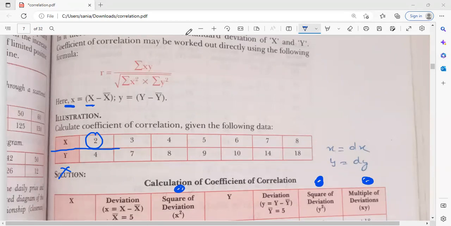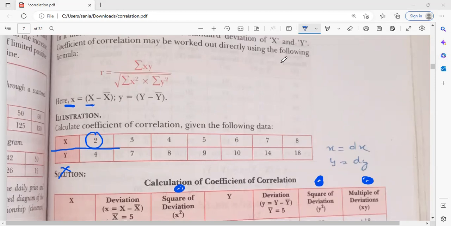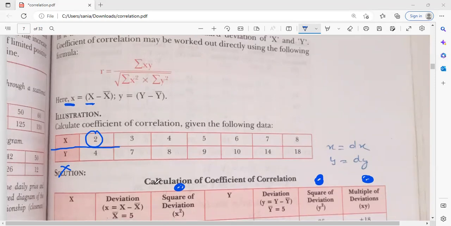Siona, you also got the values. Ma'am, can you show how to calculate XY for sigma XY? The small x and small y. Small x, this big X minus mean. And small y is big Y, which is given to you, minus mean of Y. Quickly do it, and I'll just wait for 2 more minutes and then we'll check the answers.